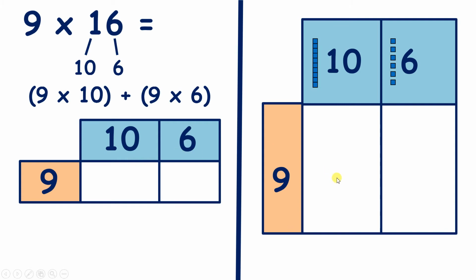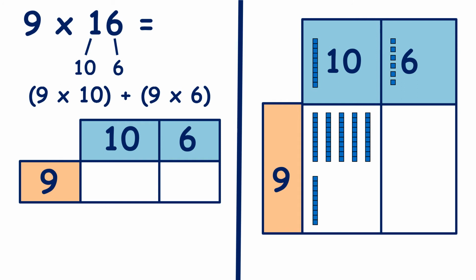So if we have 9 times 10, we have 10, 20, 30, 40, 50, 60, 70, 80, 90. So 9 times 10 is 90.